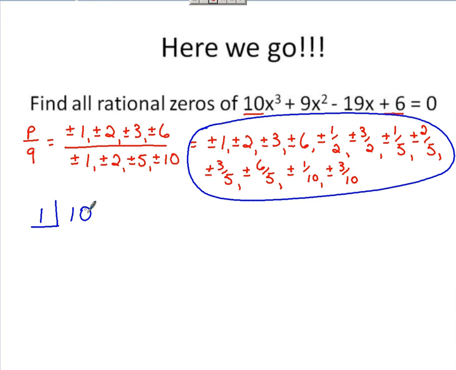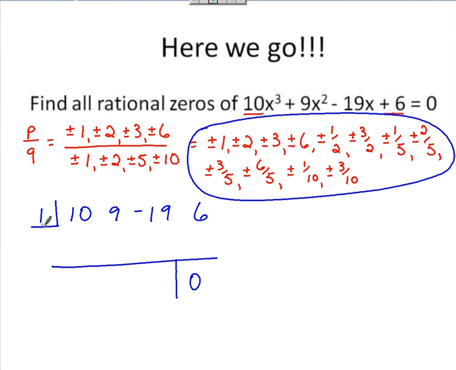So those coefficients would be 10, 9, negative 19, and 6. What I'm trying to do now, using synthetic division, is see, for the numbers I'm choosing and plugging in the box, if I can get a remainder back over here of 0.